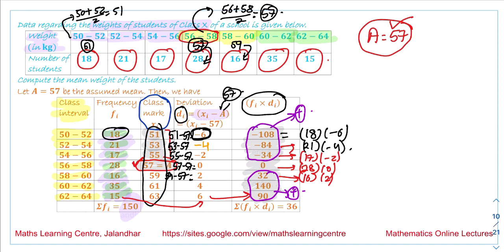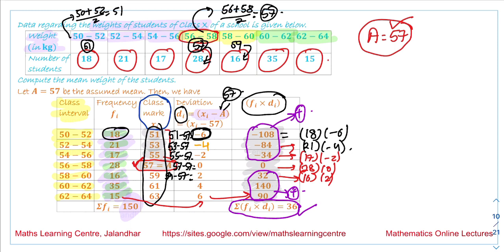Whatever answer we get by adding these values, it is 36. The answer may be positive, it may be negative. We are not concerned about the sign over here. Whatever the sign we get, we have to use that sign. So we move on to our next slide.